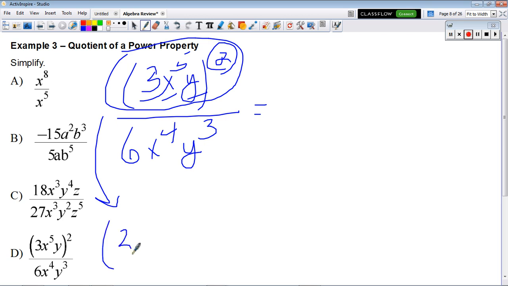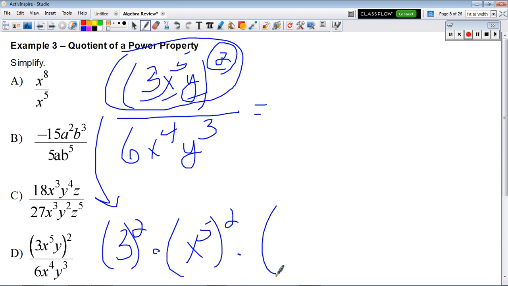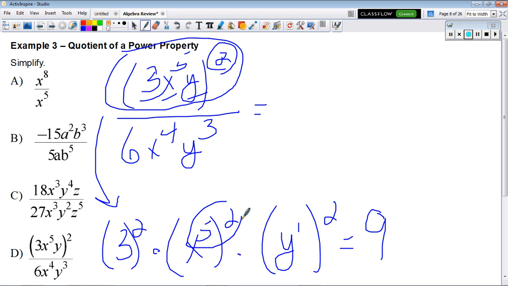So this is going to be 3 squared times x to the fifth squared times y to the first squared. When I do that, 3 squared is 9. X to the fifth squared, double exponents, I can multiply those. This would be x to the 10th.